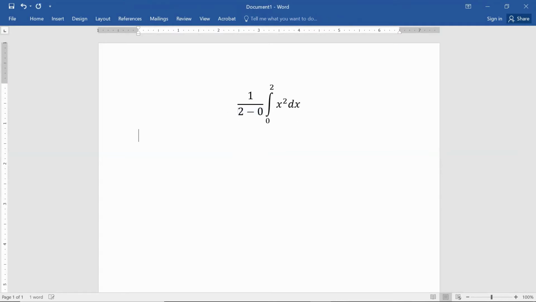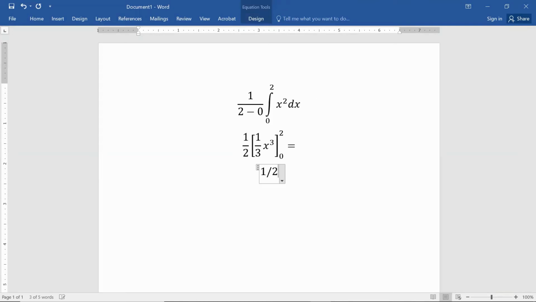Let's calculate that. We end up with 1/2. And then I have to take the antiderivative of x squared. An antiderivative of x squared is 1/3 x to the third plus any constant. We'll use a constant of 0. Plugging in 0 and then plugging in 2 will give us the actual value.